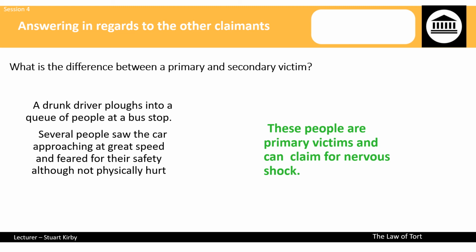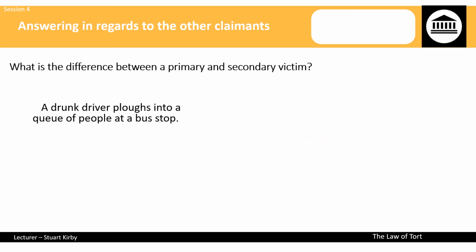They can't claim for physical injury because they weren't hit by the car, but they were in danger of being hit, and they were able to move out of the way. So they weren't physically hurt, but they were mentally hurt from the nervous shock. So they can claim for nervous shock.